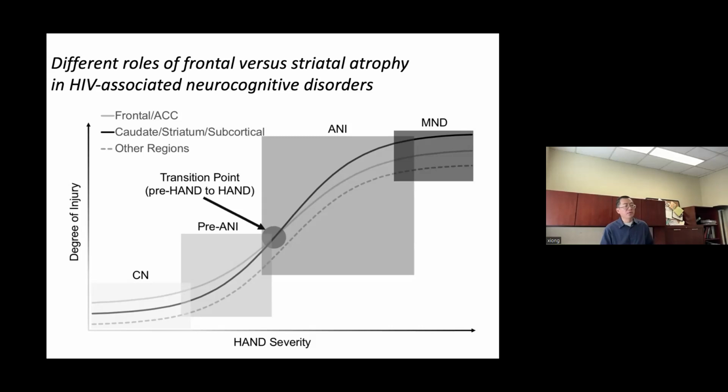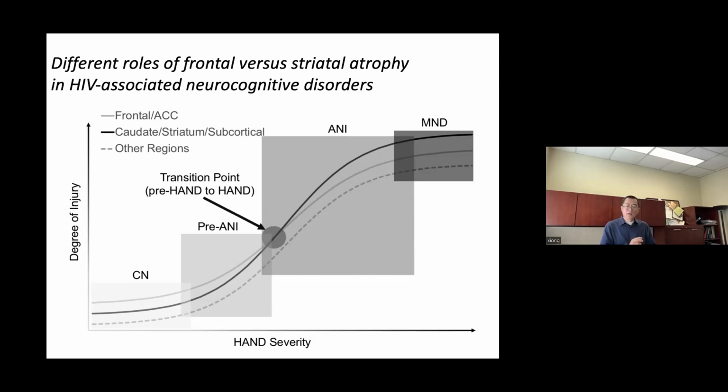So basically, in this model, we make a prediction that for people who have really mild forms of HAND or pre-HAND stages, who don't meet the cutoff score for HAND, the injury is more likely driven by frontal injury. As we know, in patients on antiretroviral treatment, the most commonly observed impaired cognitive function is executive function.